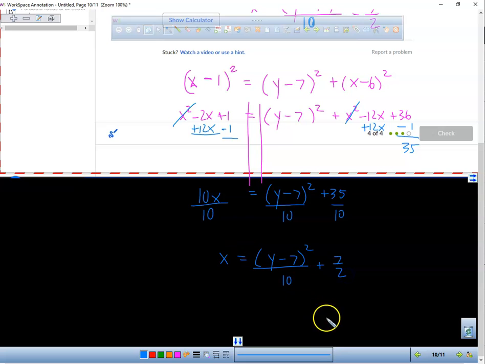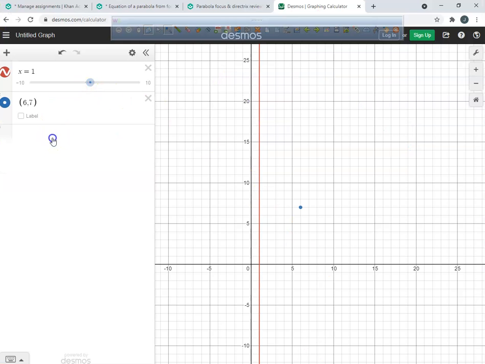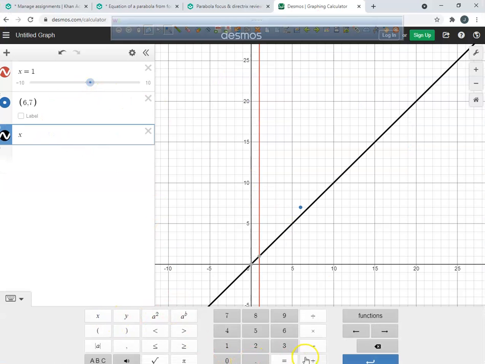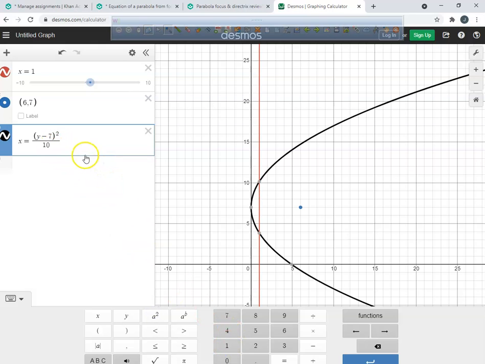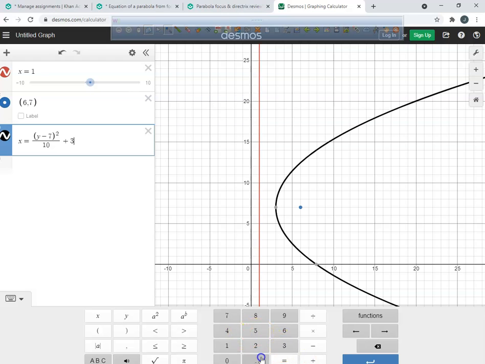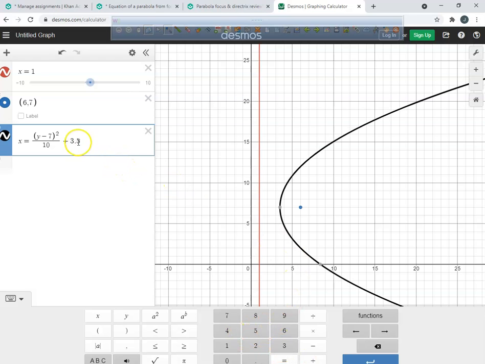So I'm going to type this in and see if that works. So we have x equals, put the division bar, parentheses y minus 7 squared over 10, and put plus 3.5. Oh, okay. So here's where I messed up.